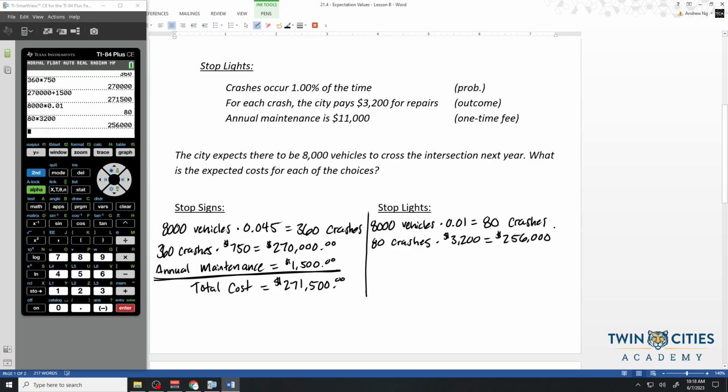And then there's the annual maintenance. And that is 11,000.